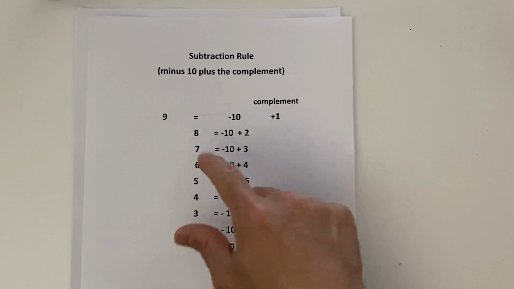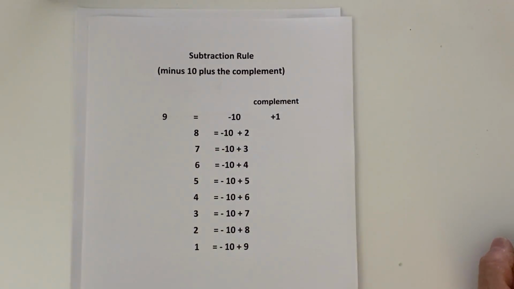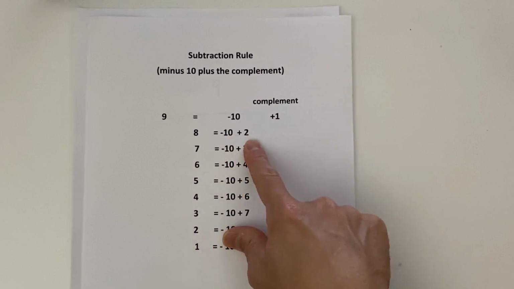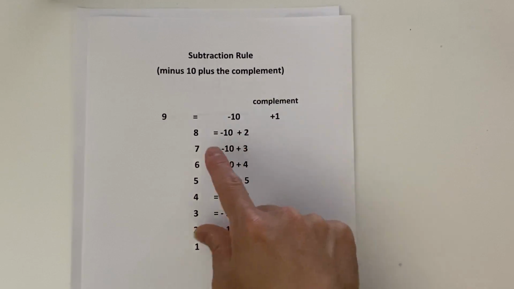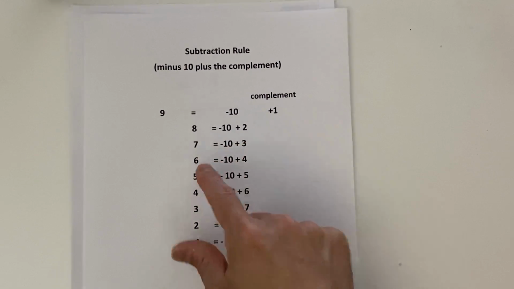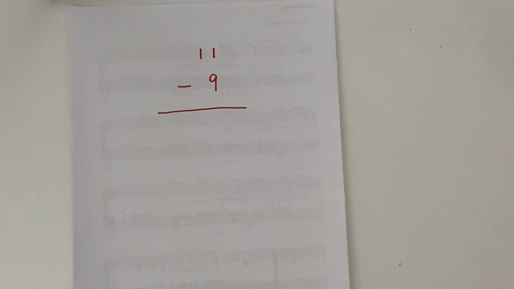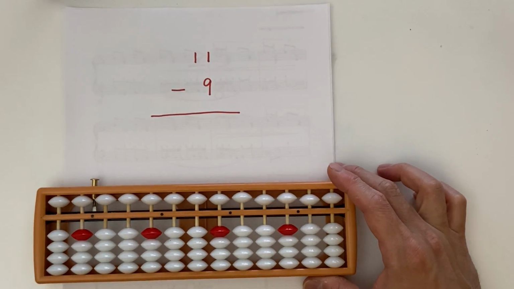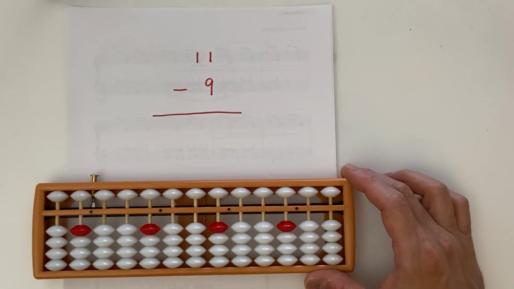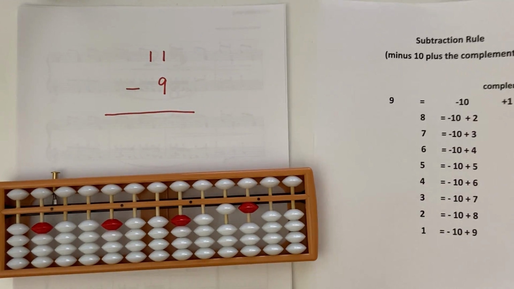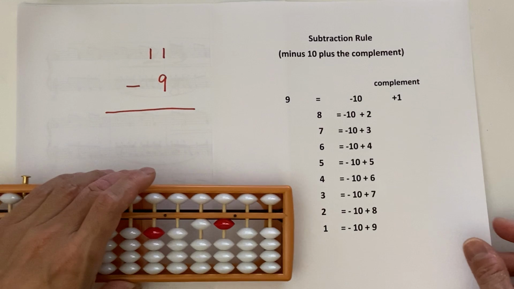Similarly, when we need to subtract 8 and we don't have enough beads, we minus 10 and add back the 2. When we subtract 7, minus 10, and we add back 3, and so on. So in this operation, we have 11, minus 9. Let me put the subtraction rule on the side here.